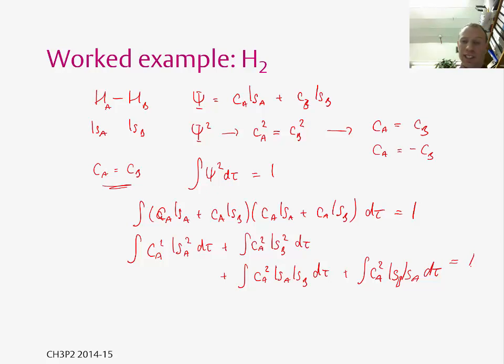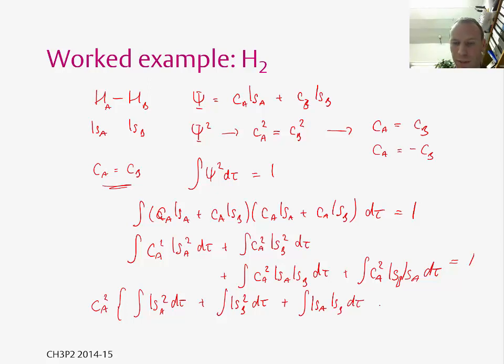What we can do now is take out the Ca squared as a factor, so let's simplify things. We'll write Ca squared, open big brackets, integral of 1sa squared d tau plus integral of 1sb squared d tau plus integral of 1sa 1sb d tau plus integral of 1sb 1sa d tau, close brackets. All of that is equal to 1.